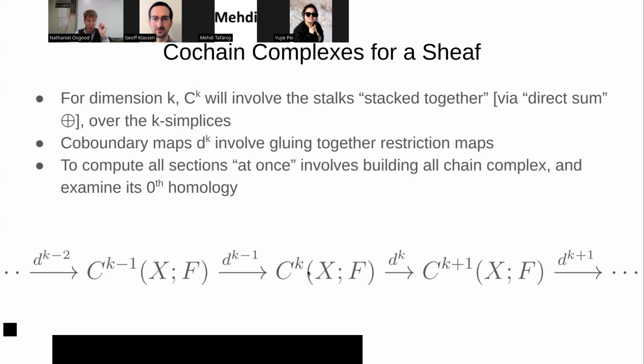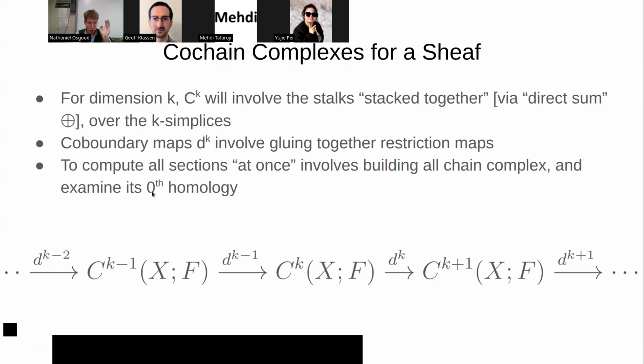Okay, so C upper K is going to be a vector space associated with the stalks over the K simplices. C upper K minus 1 is going to be a vector space given by the data from the stalks for all the K minus 1 vertices. Same for C sub K plus 1.